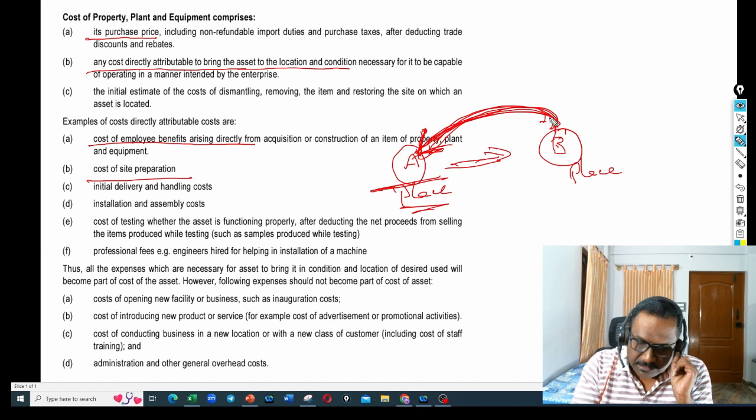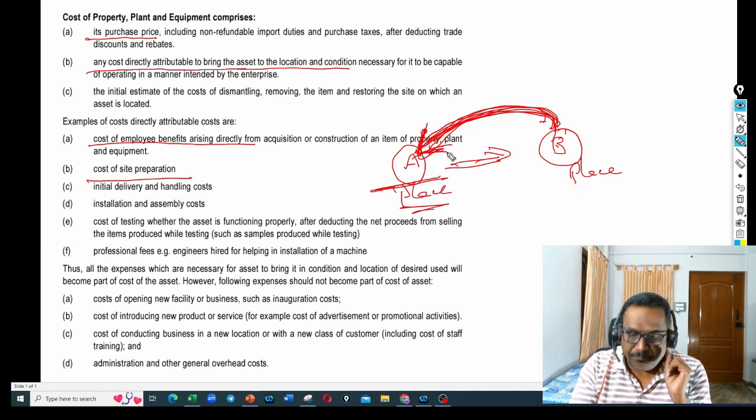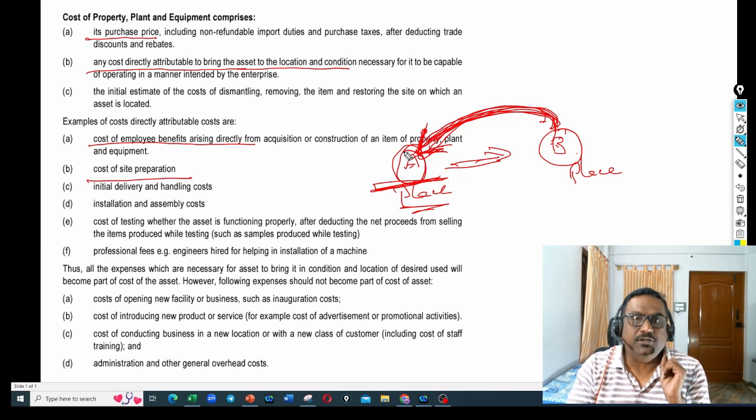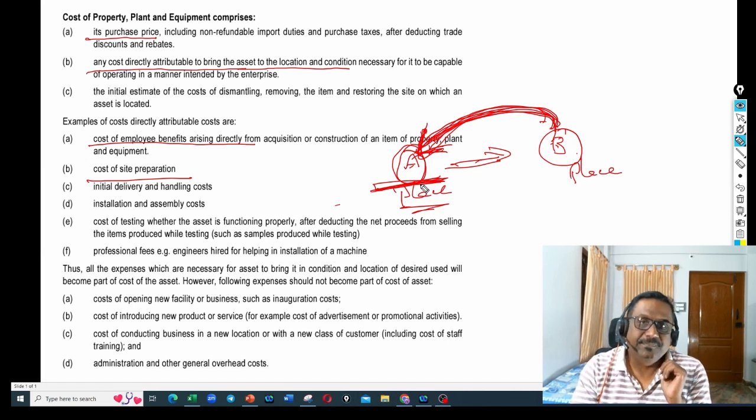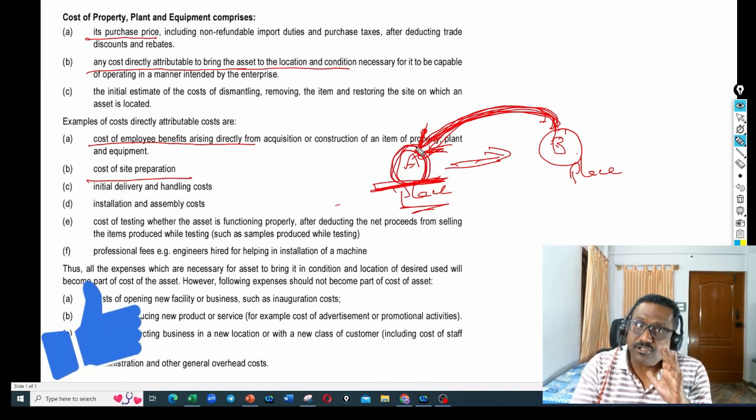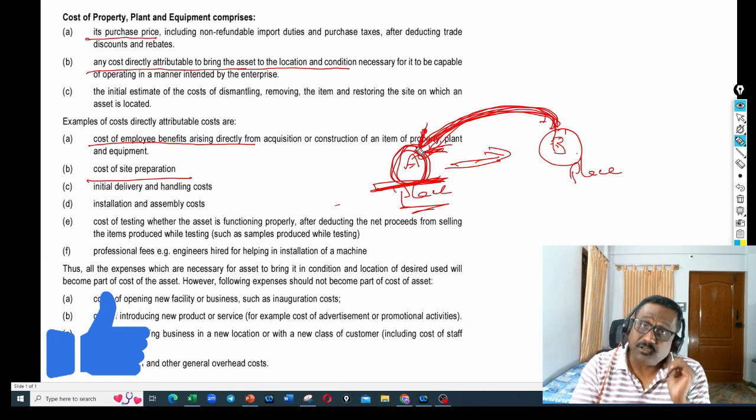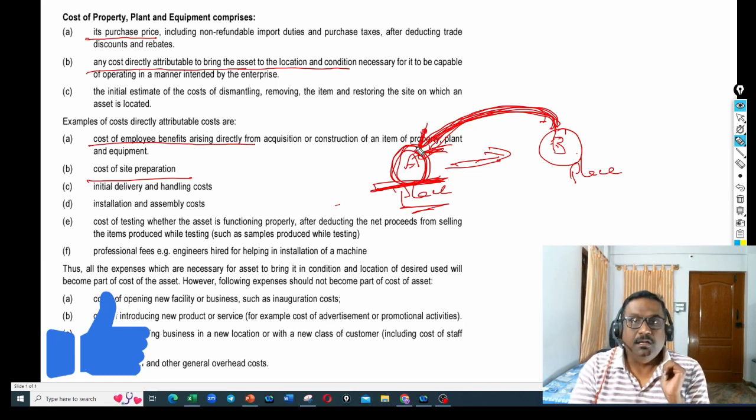You are bringing this machinery from B location to A location, which is your location. You need to prepare your site to install that asset, right? So any cost incurred to prepare the site has to be included as a part of it. That is called directly attributable to the asset.